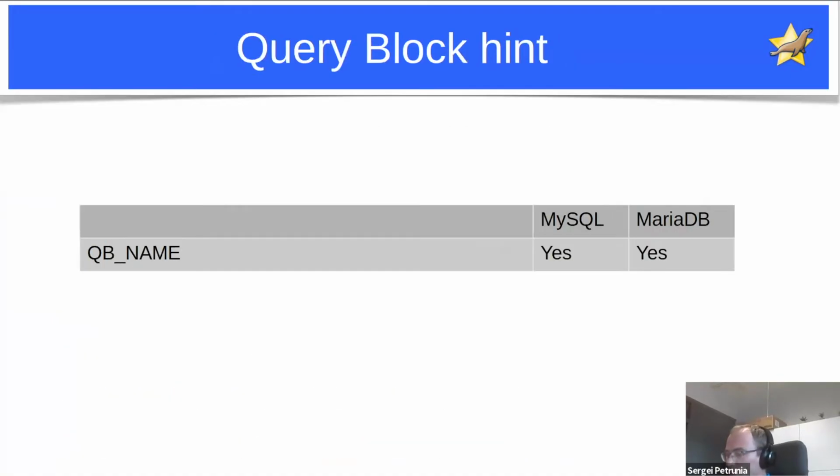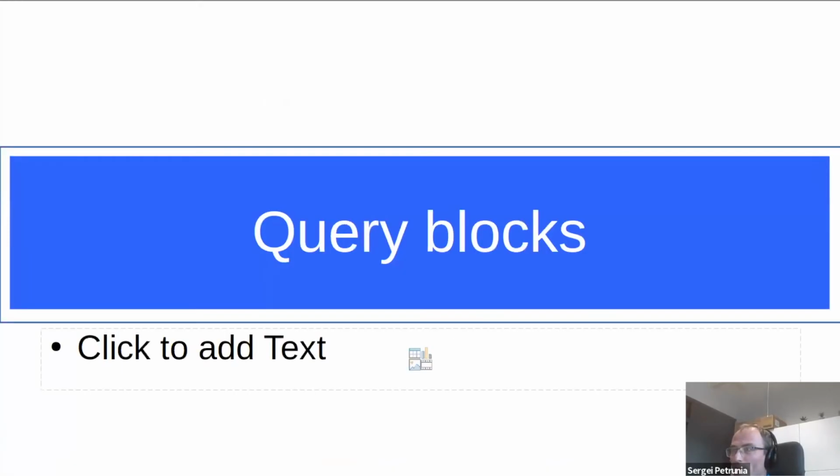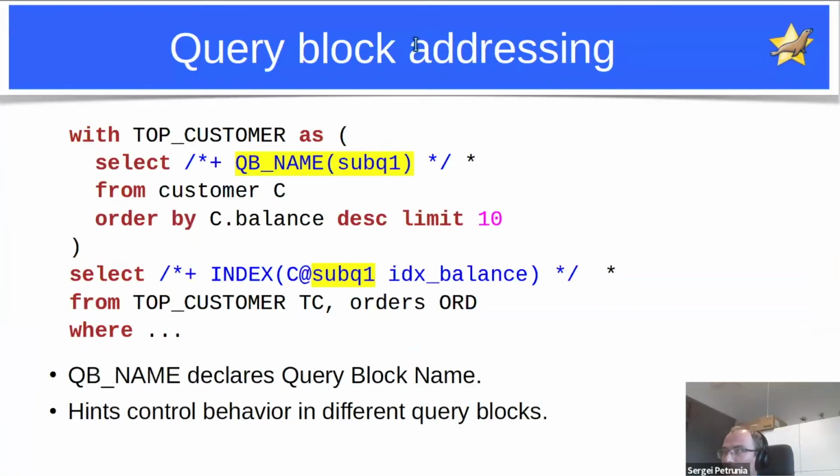Okay. Last but not least is QB name. Well, a special hint, which we will discuss now in greater detail. QB name controls query blocks. Query block addressing, this concept seems to be inherited from the original implementation in the Oracle database.